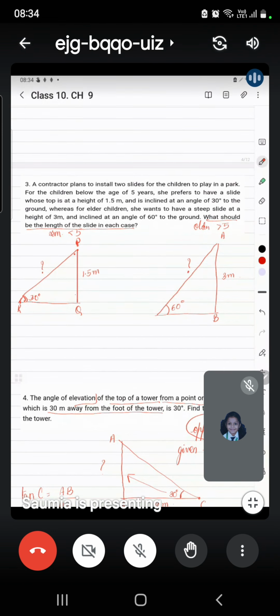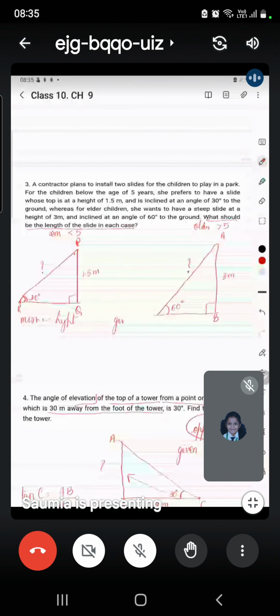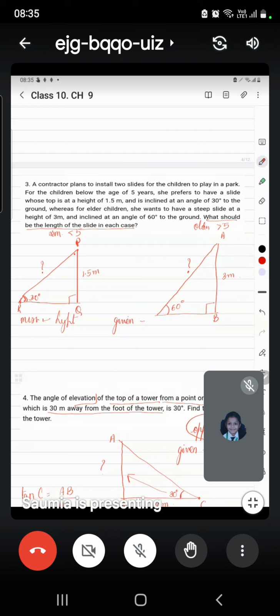So it's the same thing, but 2 different cases. So what exactly are you finding out for this triangle? Which side is missing? Hypotenuse. Hypotenuse is missing for both the triangles. So the missing side is the hypotenuse, and the given side, opposite side, is available to us.